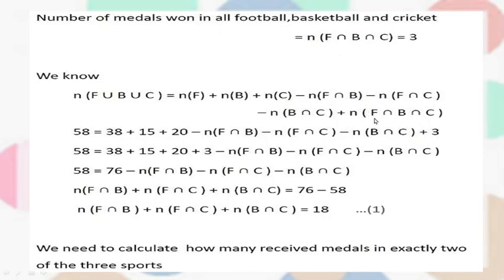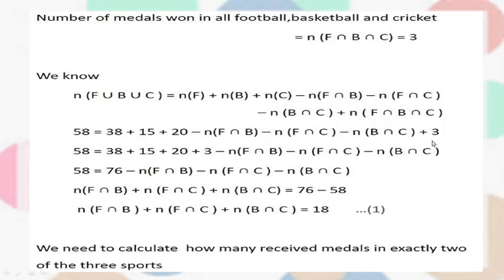Now as per the formula, let's put the values whatever we have. So n(F union B union C) is equal to n(F) plus n(B) plus n(C) minus n(F intersection B) minus n(F intersection C) minus n(B intersection C) plus intersection of all 3 sets. So 58 is equal to 38 plus 15 plus 20.